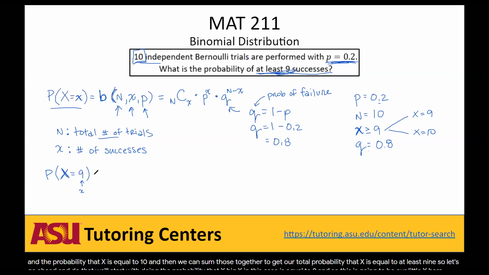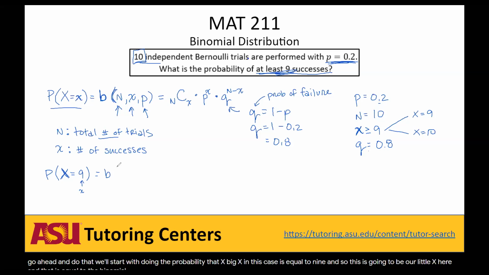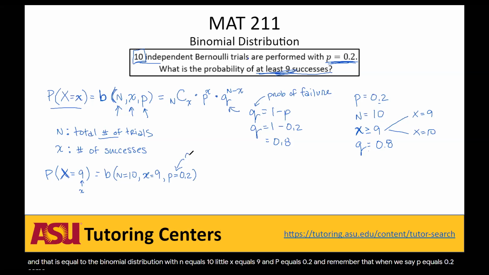And that is equal to the binomial distribution with n equals 10, little x equals 9, and p equals 0.2. And remember that when we say p equals 0.2, coming along with this is that q is equal to 0.8.